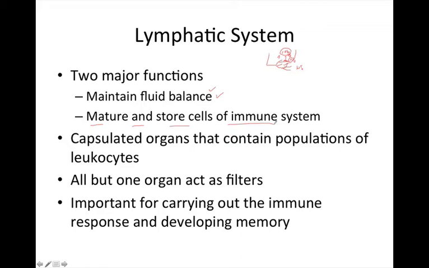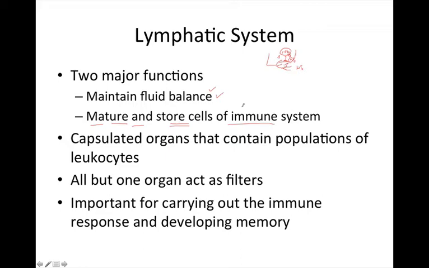So basically, the organs of the lymphatic system are responsible for the maturation and the storage of cells of the immune system. Remember, the immune system is composed of blood cells, to be more specific, white blood cells. All blood cells are created in bone marrow.